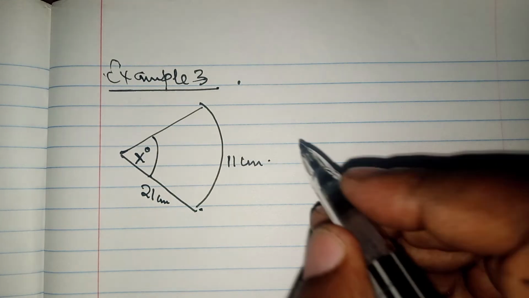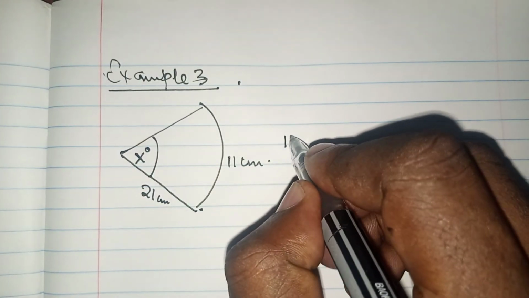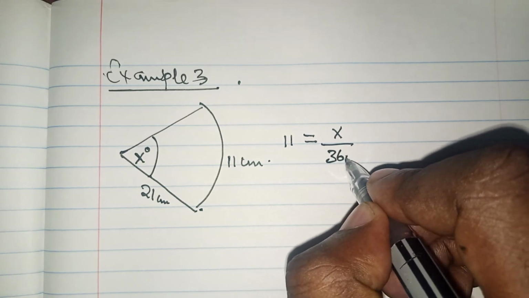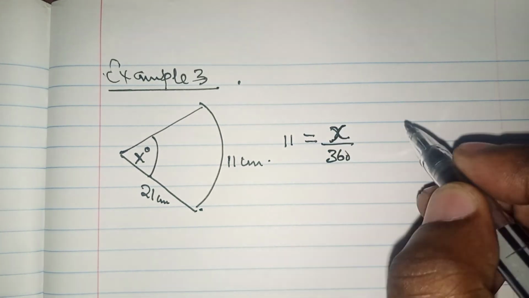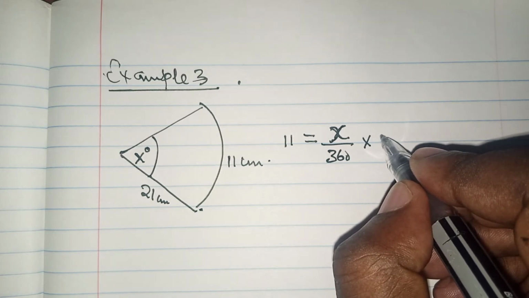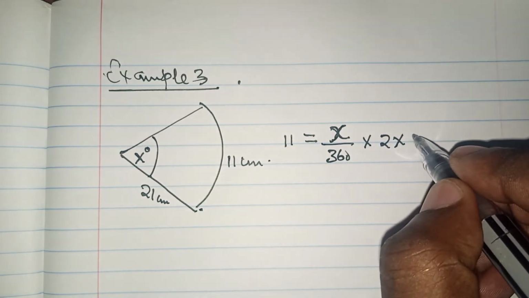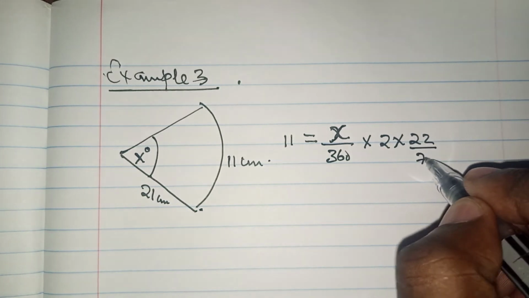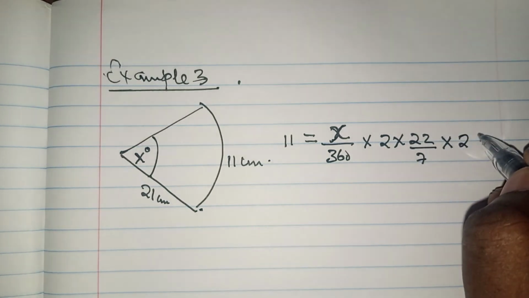And what we know is that the arc length 11 is given by x out of 360 times 2 times pi, that is 22/7, times the radius 21.